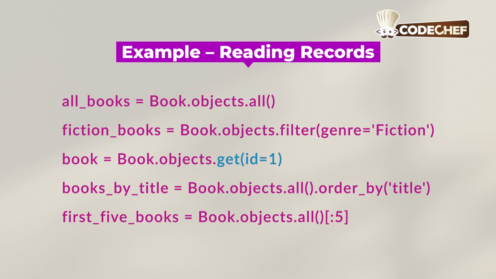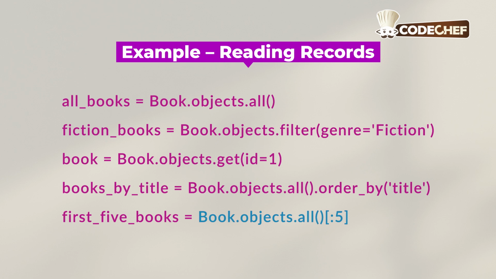For that you use the get method. And we want to order the books by title, so we have used this order by method where we are ordering by title and we are storing it into this books by title. And also we want to just slice the results, that is, let's say we want to get only the first 5 books, then we use this slice method as well, as you can see.